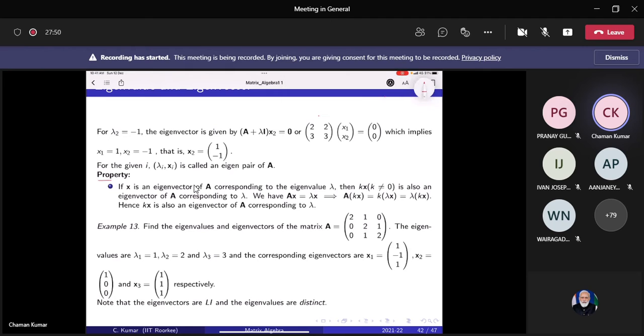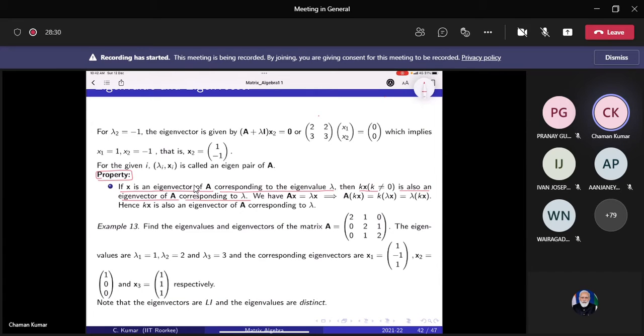Okay, so now a property. If x is an eigenvector of A corresponding to the eigenvalue lambda, then Kx is also an eigenvector of A corresponding to lambda. There was one comment just a couple of minutes ago, that if we are able to find one eigenvector, we will be able to find many eigenvectors.